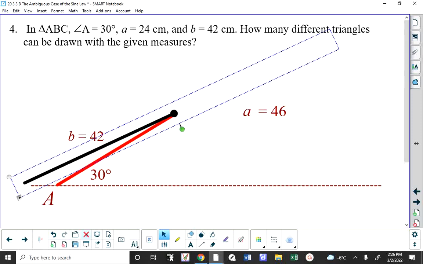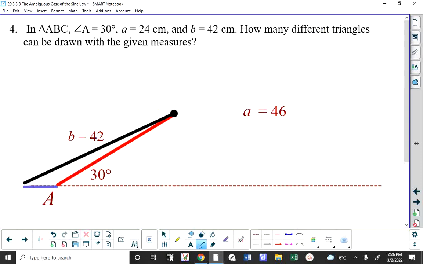And you might argue that we still get a triangle. You might say, well, here's your triangle. And yes, B is 42, A is 46. But angle A is not 30 degrees, is it? It's some other angle here.